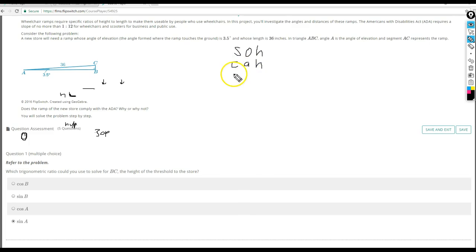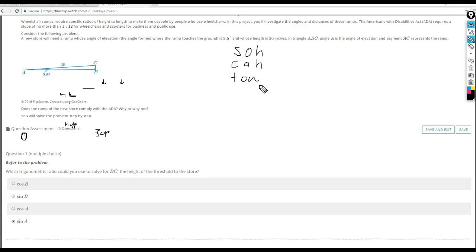And TOA is tangent is opposite over adjacent. So there is one mnemonic device that will help you remember what the side lengths are for sine, cosine, and tangent.